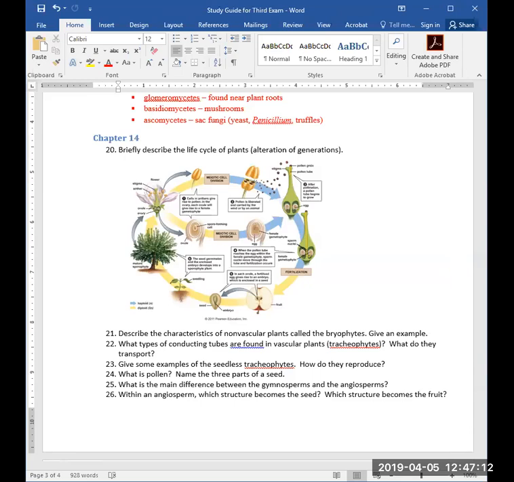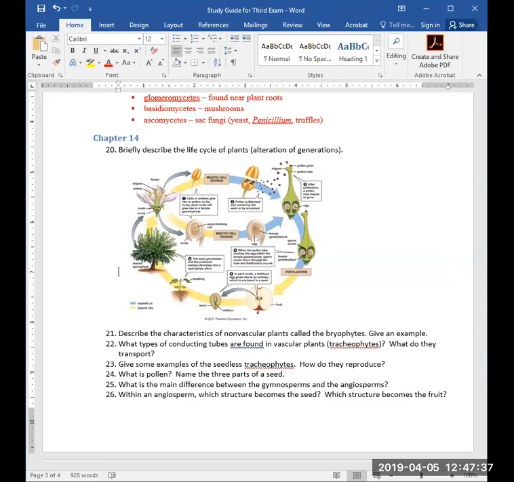And so we're different in that we just have one body form, but cells within our bodies make the gametes. And so, a way to look at it is if we were a plant, we would have our regular form, which is us, and we're the diploid form. So we're like the sporophyte.